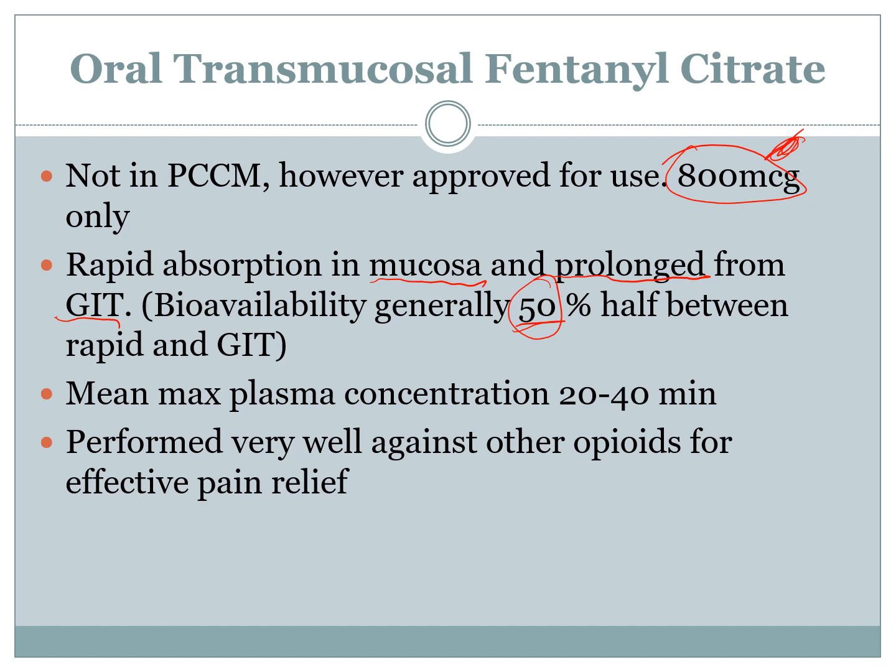Now, when you look at the plasma concentrations of these lozenges, they have a mean peak plasma concentration of around 20 to 40 minutes, which means you can expect the highest effects, both positive in pain relief and adverse effects, around the 20 to 40 minute mark. So when giving fentanyl lozenges to patients, we want to monitor them really closely at the 20 to 40 minute mark.